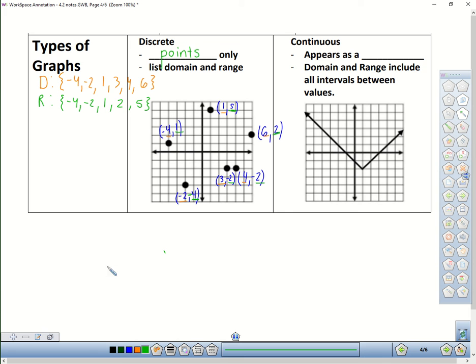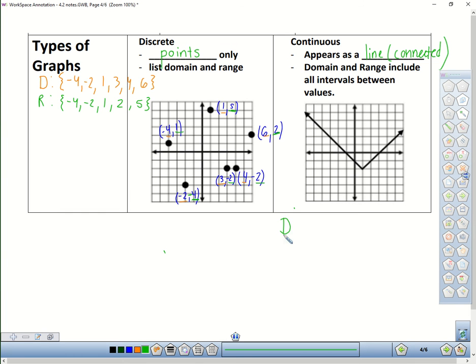So now a continuous graph appears as a line connected. So domain and range include intervals between the values, okay?